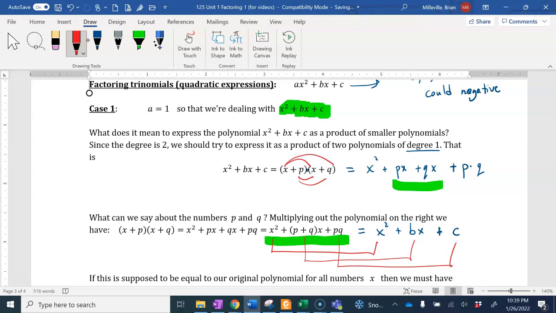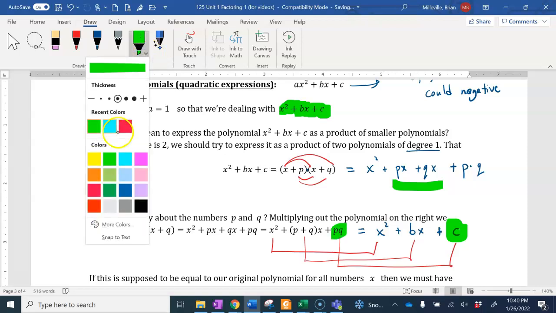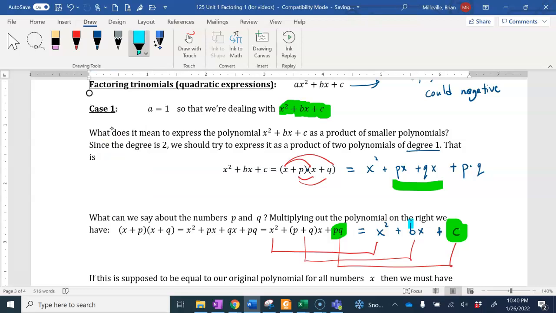What's the conclusion? The only way this is possible is if the constant term c is equal to p times q, and the coefficient of x, which we're given in the problem as b, is equal to p plus q.